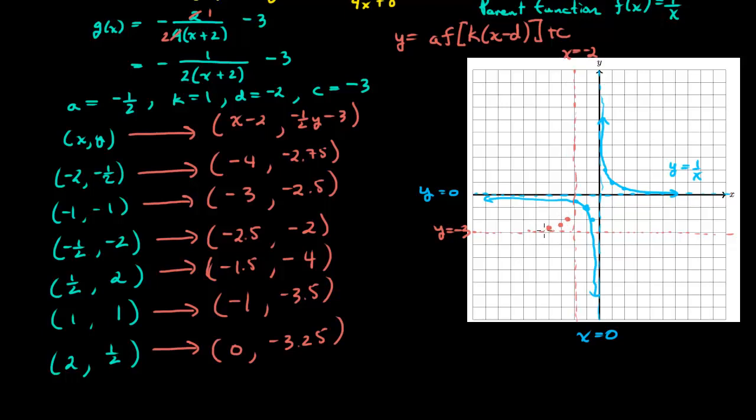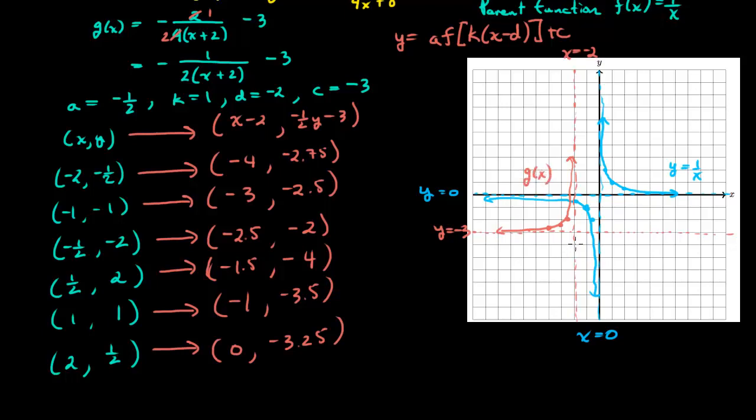And as we go x values further in the negatives, my graph will continue to approach the horizontal asymptote. So my graph's going to look something like this. So it's going to go that way, and then it should go this way. And this is the graph of g of x.